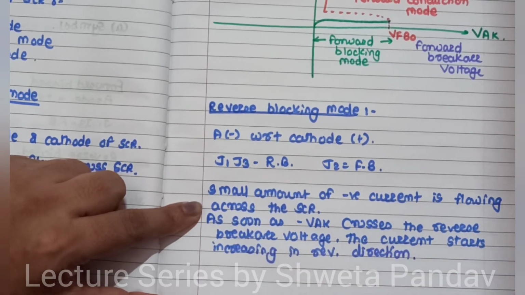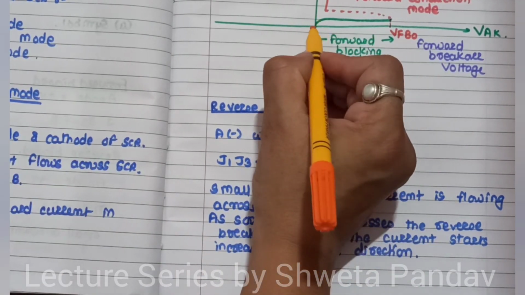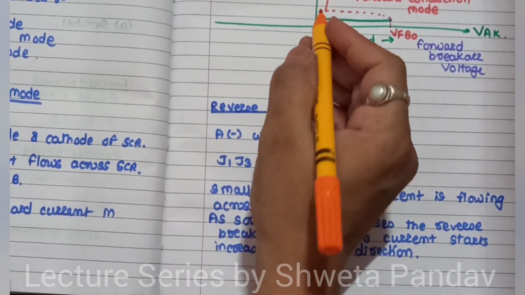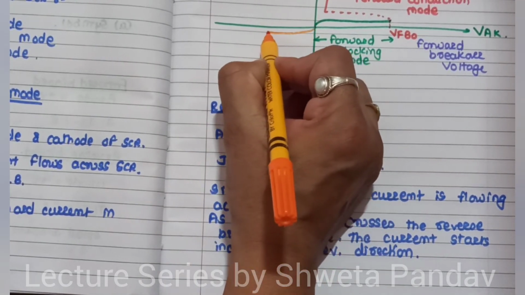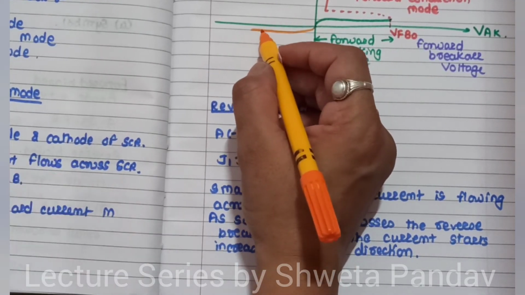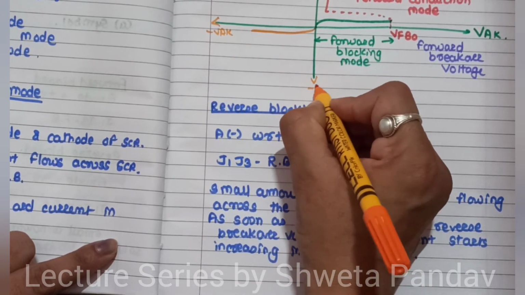So from the figure, whenever the anode is negative with respect to the cathode, a small amount of current flows across our SCR. This is the reverse anode to cathode voltage, and this is the reverse anode current.